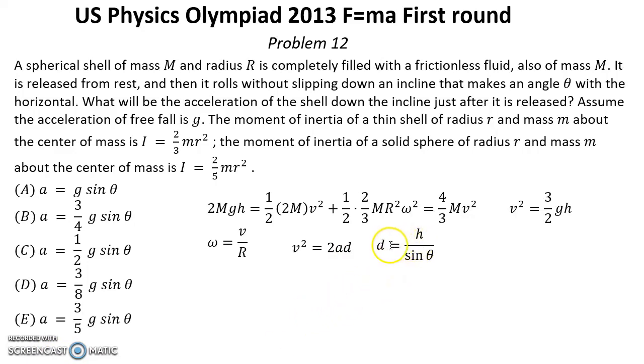Now we can put this expression in, and we have v squared equals 2ah over sine theta. Finally, we can equate these two expressions for v squared, and we have acceleration equals 3/4 g sine theta, which is answer B.